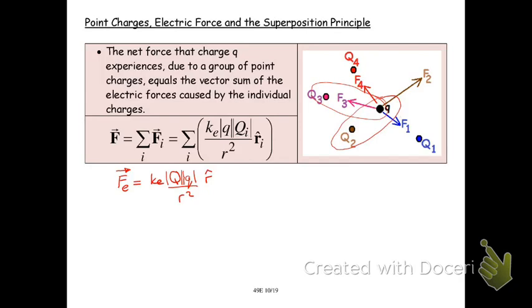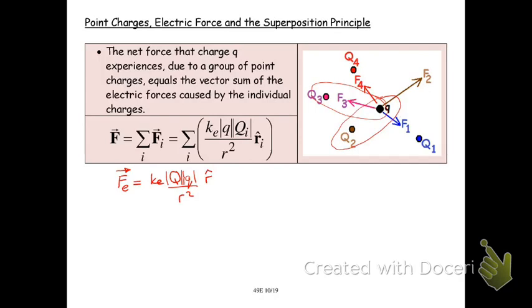While ever there's that separation, while ever they've got those values, that's the interaction you get. If I put another charge in there, there's another interaction. It's not that the first interaction is diminished. The behavior of particle Q might change because now there are several forces acting on it, but each force can be determined and is invariant even if I add more charges.